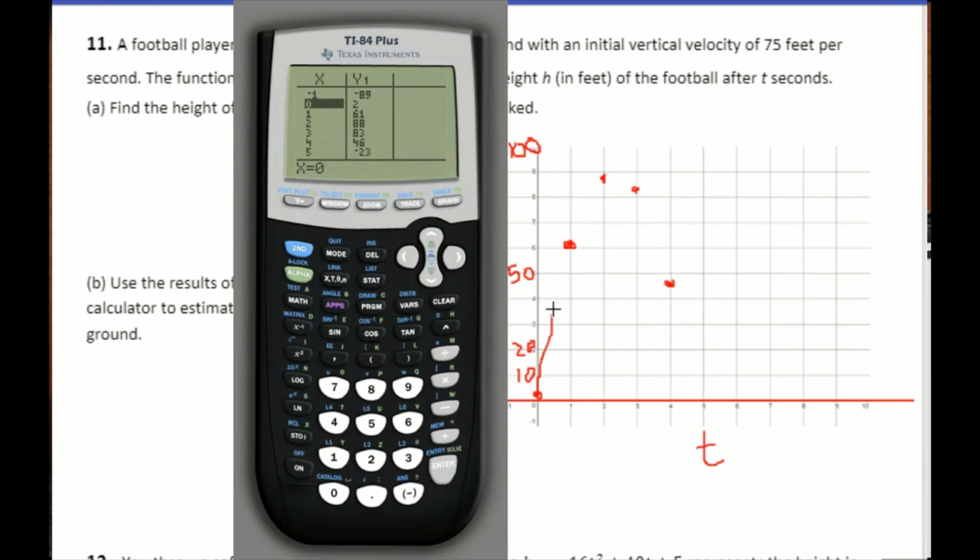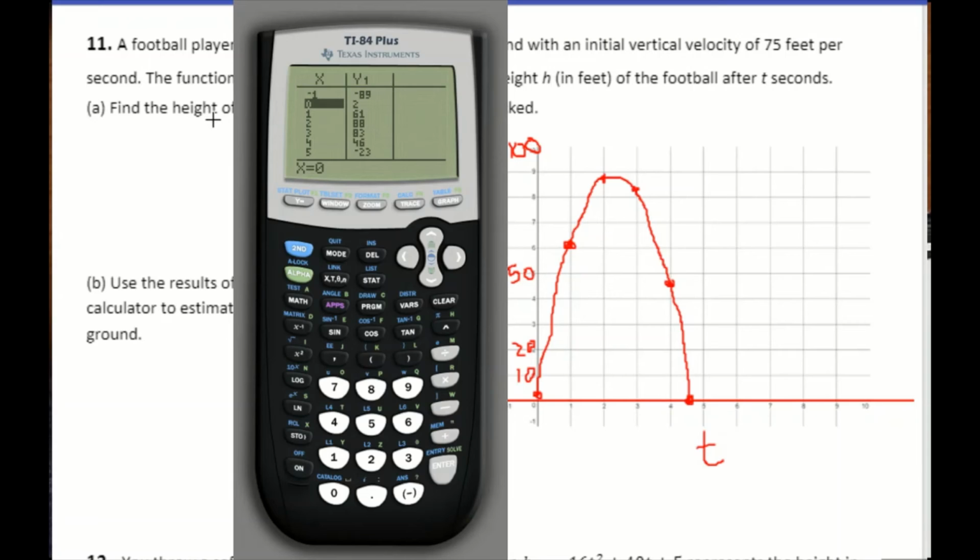We want to hit the ground before we hit t equals 5. So somewhere right around here. Now it looks like it's about 4.5, but this is a pretty rough sketch, and we don't want to just do a guess here. We want to try to be as accurate as possible, and that's what we're going to do here.